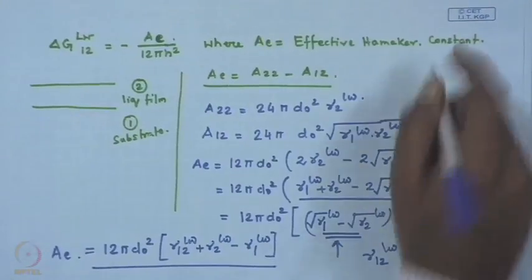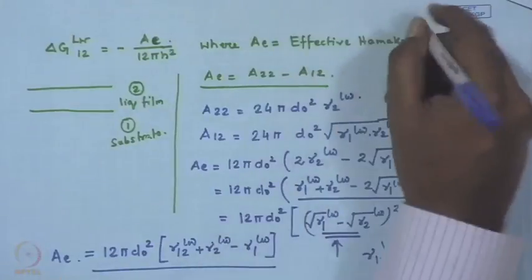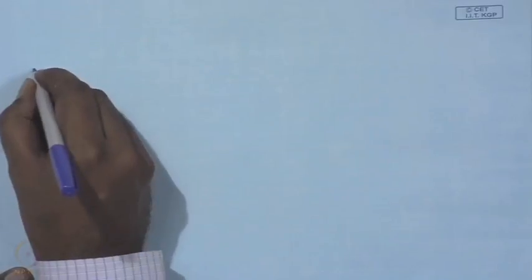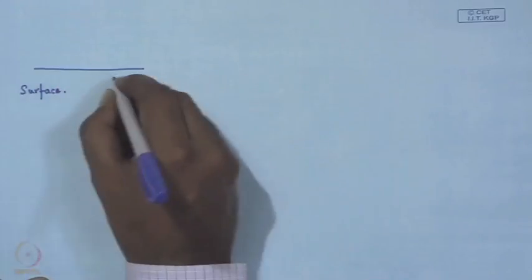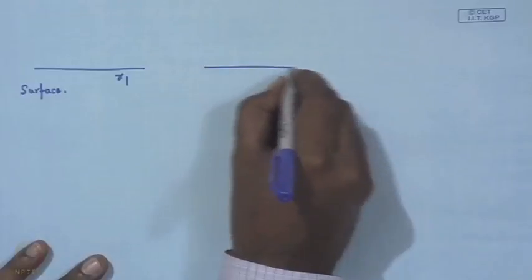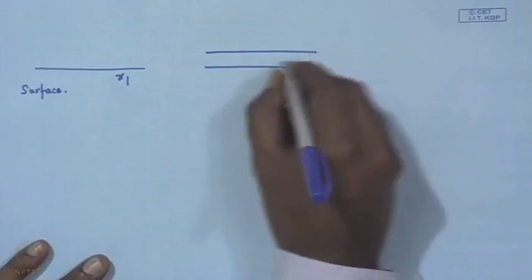Now, here I would like to introduce the concept of what is known as the spreading coefficient. In very simple terms, suppose you have a bare surface which has a surface energy of gamma 1, and you coat a film on top of it of material 2. So, this is the film.